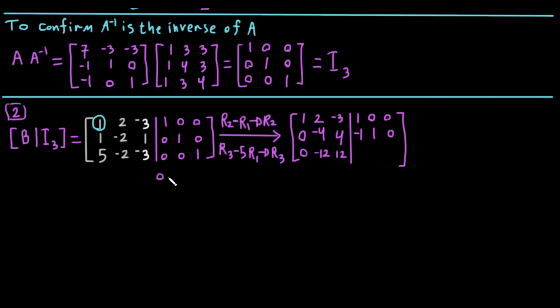So here negative 5. 0 minus 5 multiplied by 0, it means 0 minus 0, which is 0. 1 minus 5 multiplied by 0, which is 0, so it will be 1 minus 0, which is the same, 1.